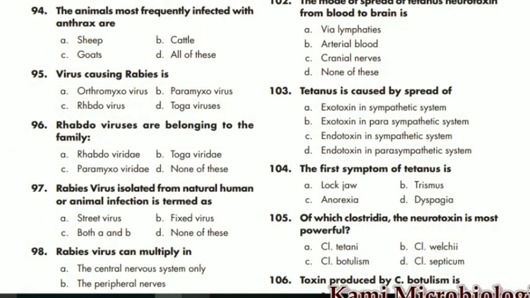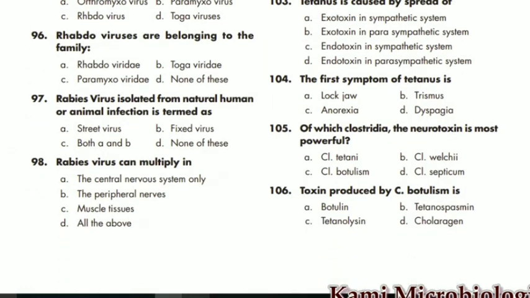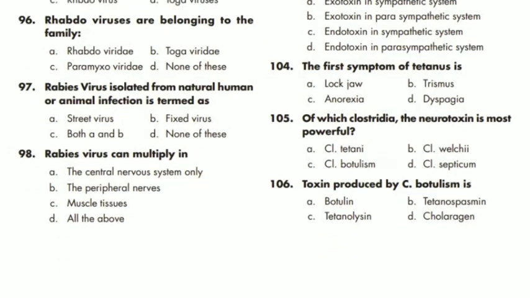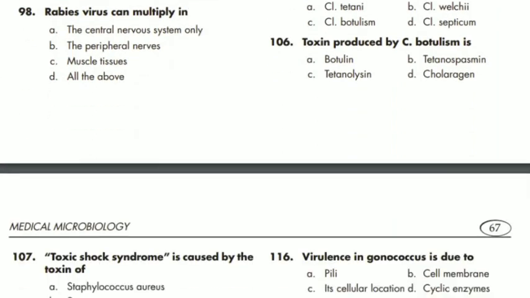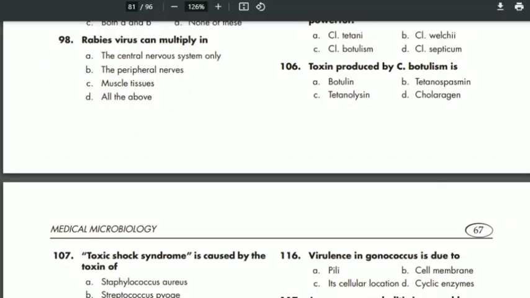105 MCQ says in which Clostridia the neurotoxin is most powerful. So B is the correct option, Clostridium welchii. 106 MCQ says the toxin produced by Clostridium botulinum is actually the tetanolysin.